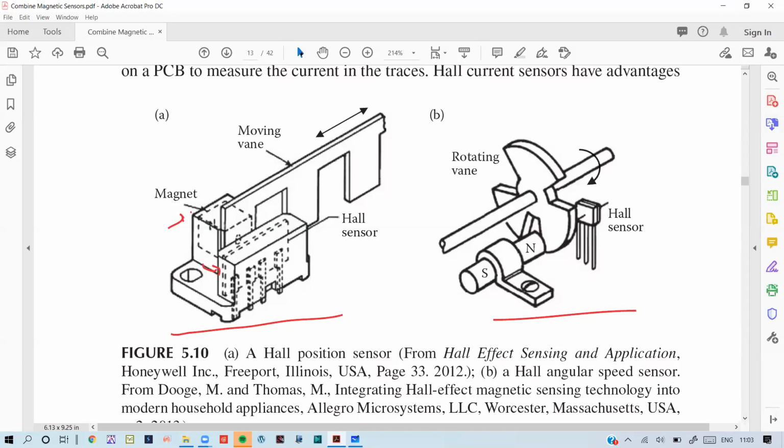There's a magnet, so its magnetic field effect on this sensor will change due to the relative motion of this blade, this moving vane. That change in position is directly proportional to the change in the magnetic field sensed by this Hall sensor, and then this change is taken in the output. This is the simplest procedure of how it works, and it alters the magnetic flux coming from this magnet.